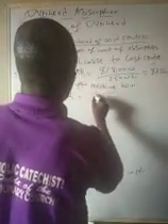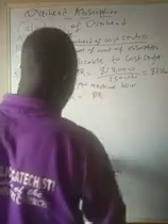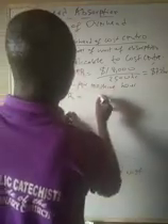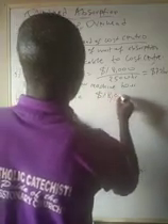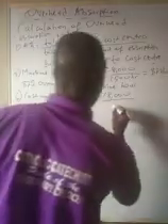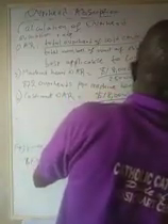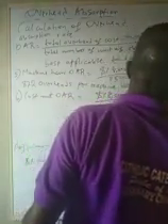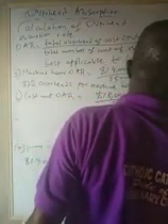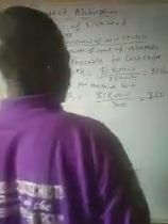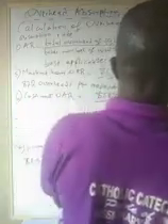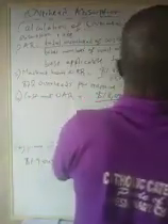That is $18,000 divided by how many units were produced? 300. You divide that, you arrive at $60 per unit.